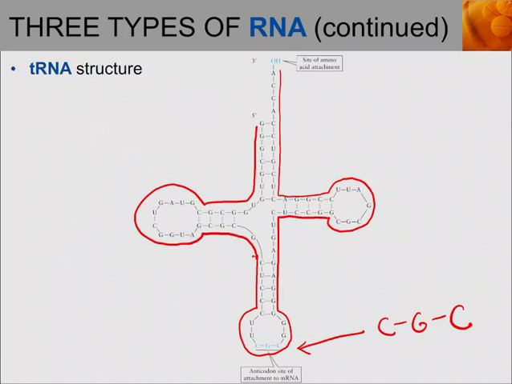So at the top here, on one end of tRNA, the 3' end, that's where an amino acid can attach itself so that tRNA can then transfer it to where a protein's being synthesized. And remember, there are specific transfer RNAs for each amino acid. So each of the 20 amino acids has its own tRNA.